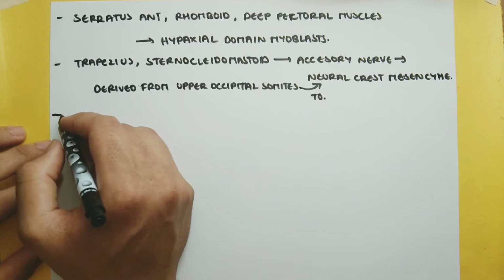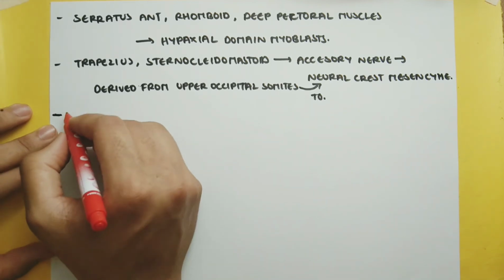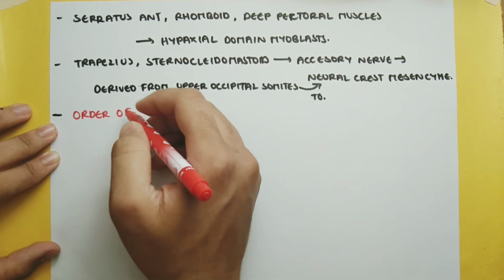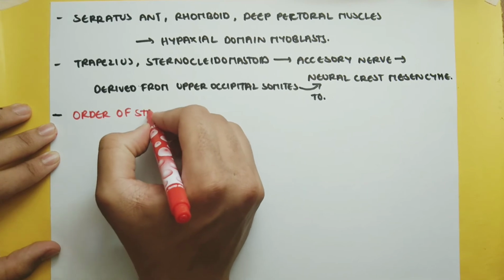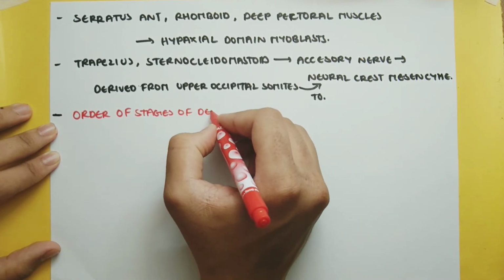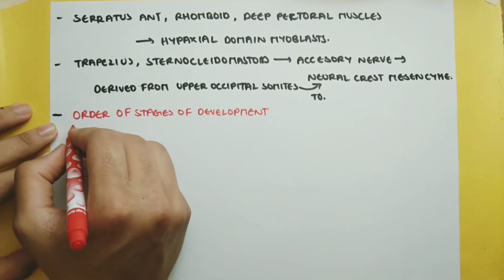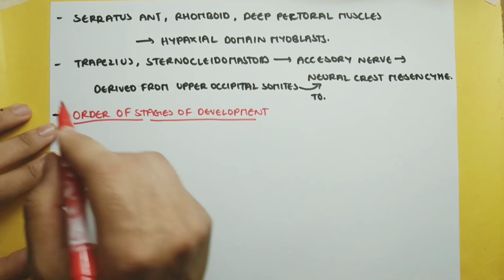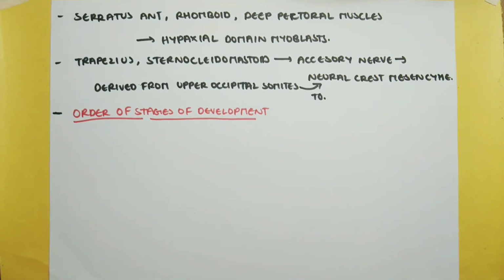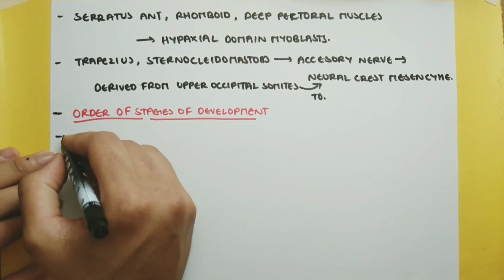Now, let us take a look at the order of stages of development. Do you remember in which week the limb buds appear?